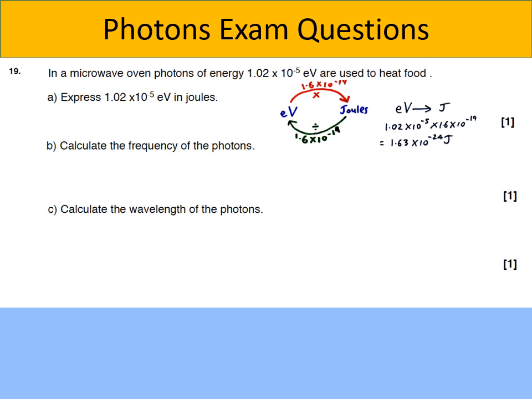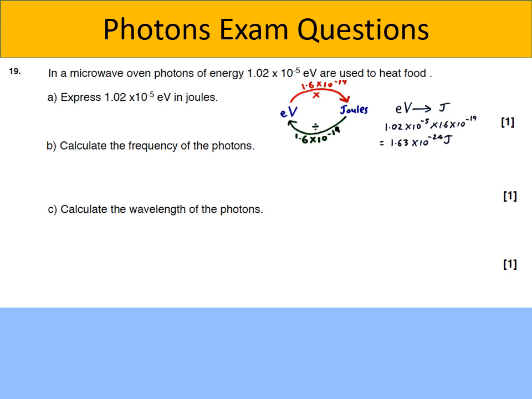So we take our value in electron volts, 1.02 times 10 to the power minus 5, and multiply that by 1.6 times 10 to the power minus 19, which gives us an energy value of 1.63 times 10 to the power minus 24 joules.